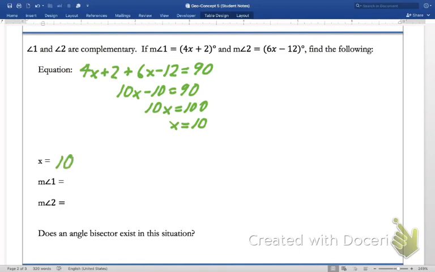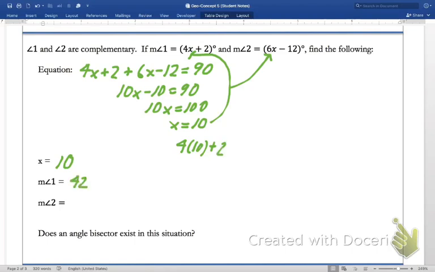Now if I've done this right, the great thing is everything should check. So if I take that 10 and put it in for x in angle 1 and x in angle 2, let's see what we get. Well, this would give us 4 times 10 plus 2 for angle 1, and that makes 42.